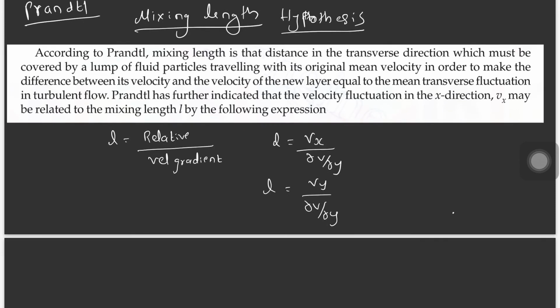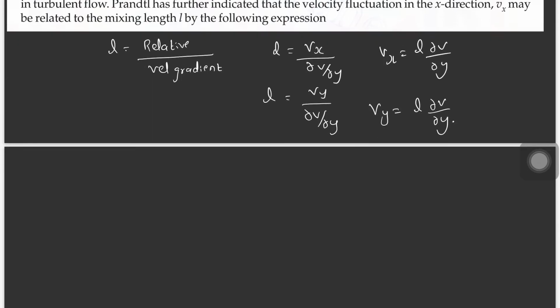From this, what do we get as Vx? Vx is equal to L dou V by dou Y, and Vy is equal to L dou V by dou Y. We multiply these equations. Vx into Vy is equal to L square into dou V by dou Y whole square. Let us term this equation number 7.